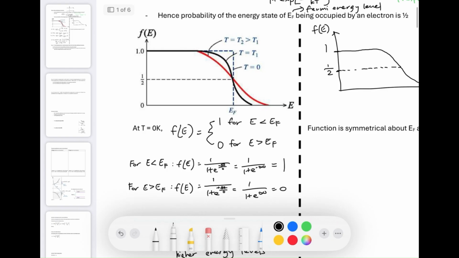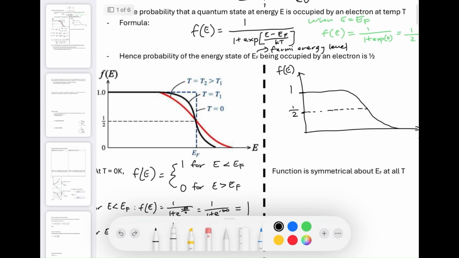You can see the higher the temperature is, the less steep the gradient is. For example, the red one is T2, where T2 is larger than T1. You can also just look at the equation, with kT. Of course, when T is larger than 0, the chance will no longer be so absolute compared to T equal to 0.